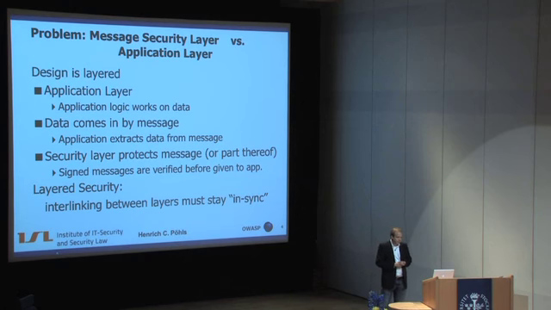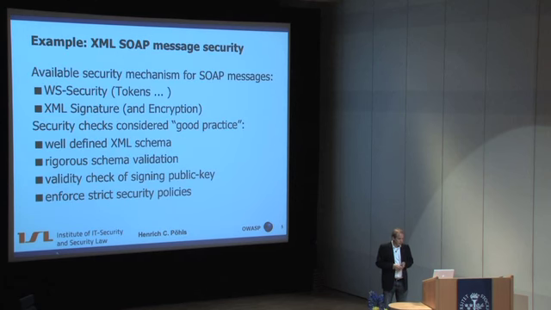The problem here is that the layered security only works while you keep these two layers, application layer and the security layer, in a certain synchronization. You have to keep them in sync. So if you turn to XML and the SOAP message standard, you have a plethora of mechanisms that you can use.